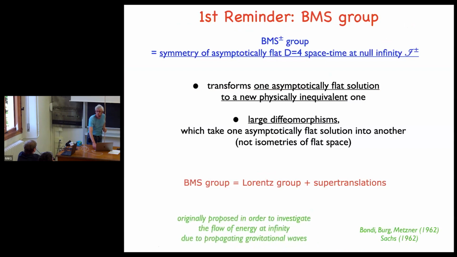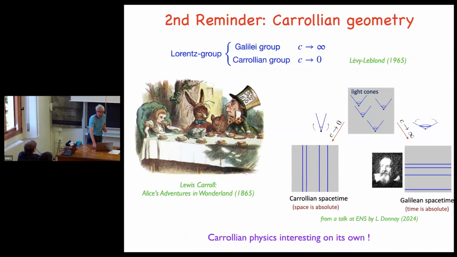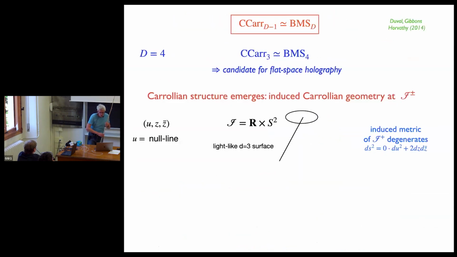What you get from a 4-dimensional Bondi metric is that you still have the celestial sphere S2, with coordinate zeta, and you have this null line U, which is the time, or the coordinate at scri plus, scri minus.